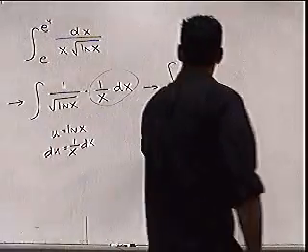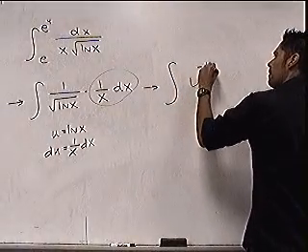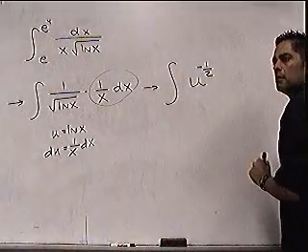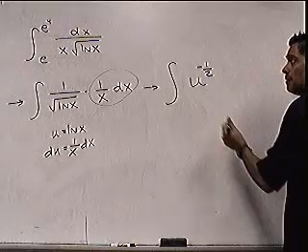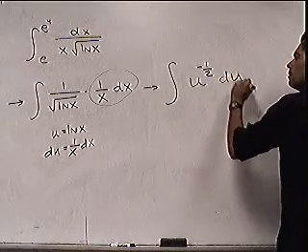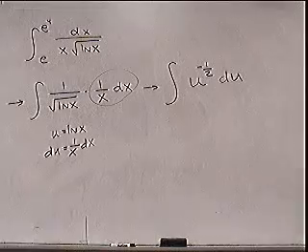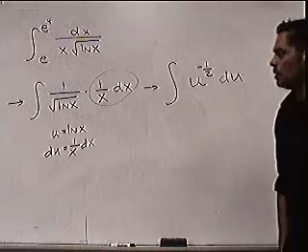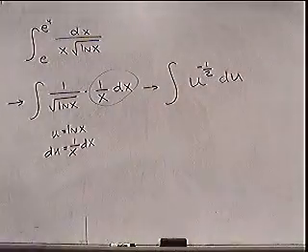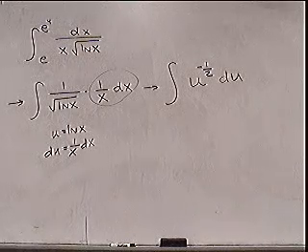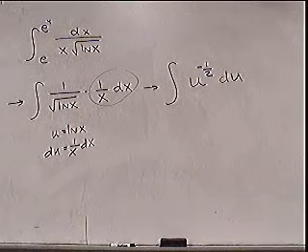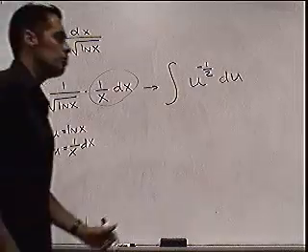So I'm going to do all that in one step. I'm just going to write u to the negative 1/2 du. And now I can go straight to the power rule. 2u to the 1/2.